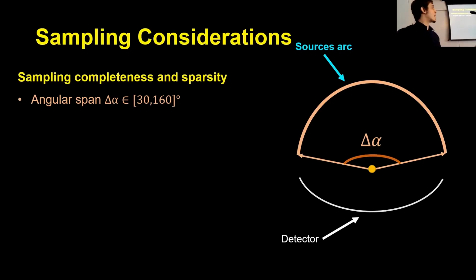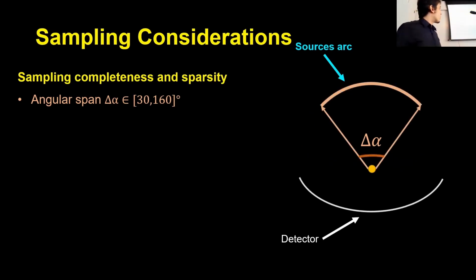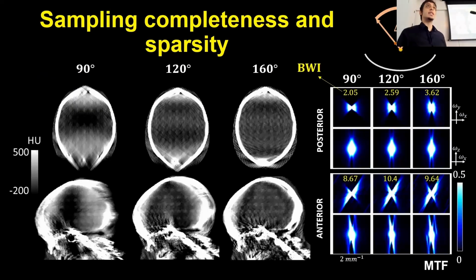For that purpose, we studied different configurations with different angular spans, going from 30 degrees to 160 degrees of coverage from the center of the volume. What we show is that going to very narrow angular spans or angular coverage is not accurate, because we start losing information in parts of the brain.